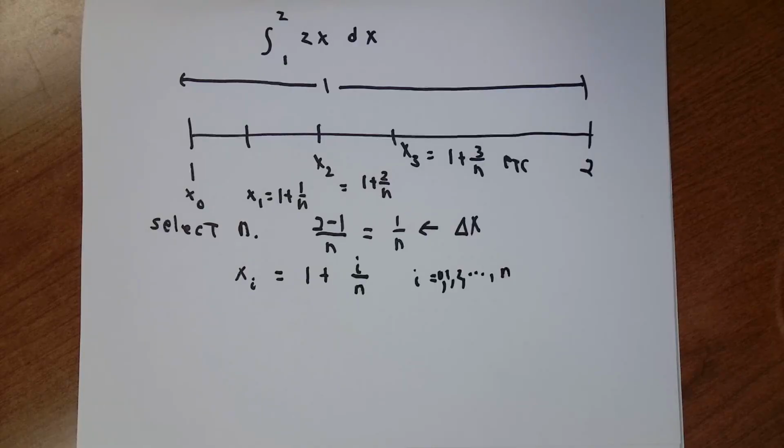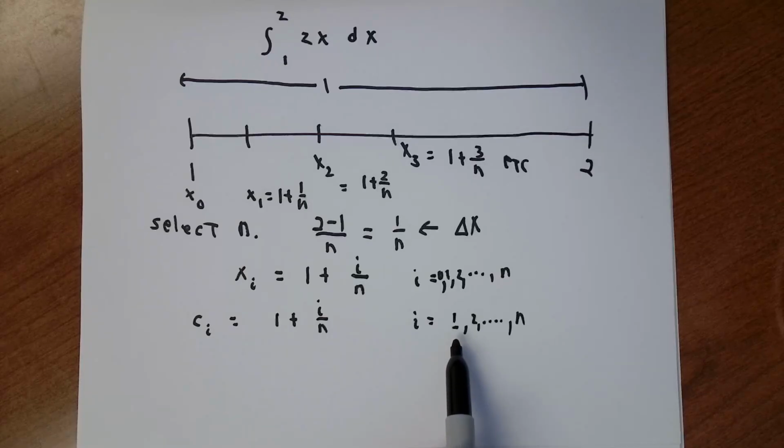Within each subinterval, I have to pick a representative x value, and out of sheer laziness, I'll just pick the right-hand end of the subinterval. While the individual x numbers are indexed 0 through n, there are only n subintervals, which is why I have a 1 here.